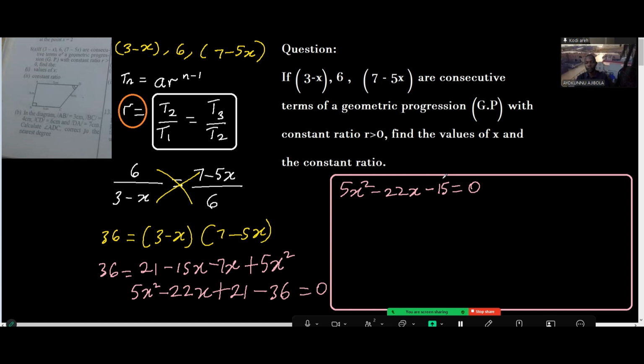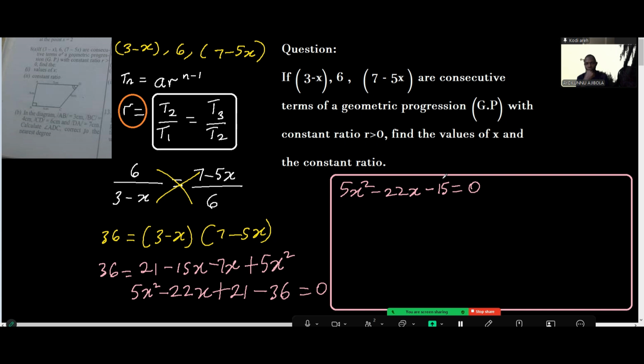So two numbers you multiply to get minus 75 and add together to get minus 22.